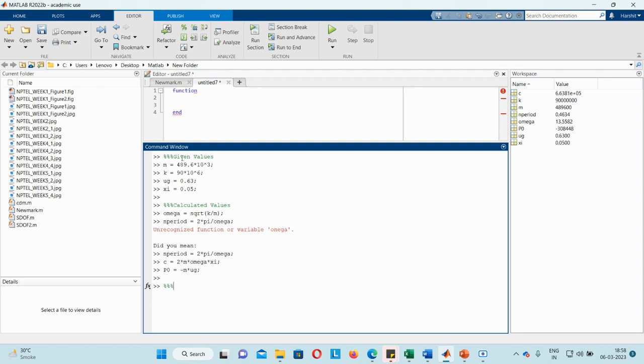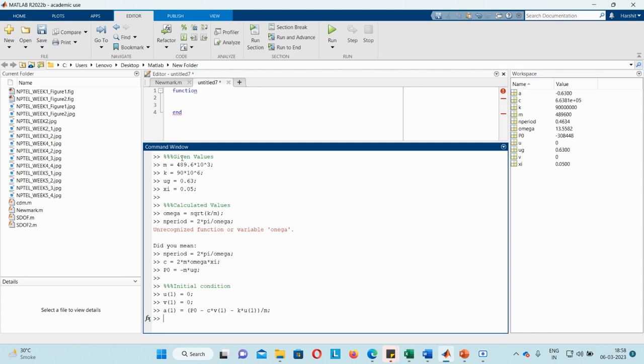So we'll define the initial conditions now. What are the initial conditions? Since it is not given in the question, let's assume initial displacement as 0, initial velocity as 0, and initial acceleration will be given from the dynamic equilibrium equation, which is P naught minus C times v1 minus k times u1, divided by mass.